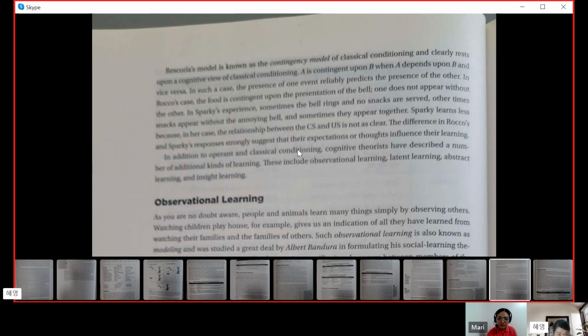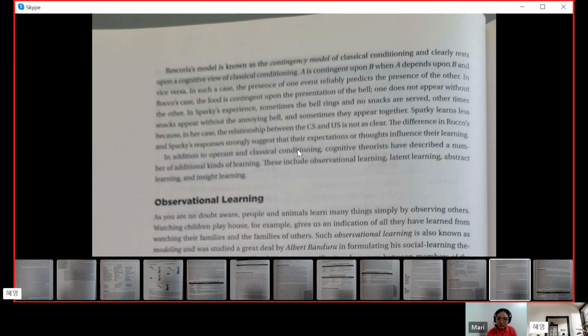In such a case, the presence of one event reliably predicts the presence of the other. In Lucky's case, the food is contingent upon the presentation of the bell. One does not appear without the other.